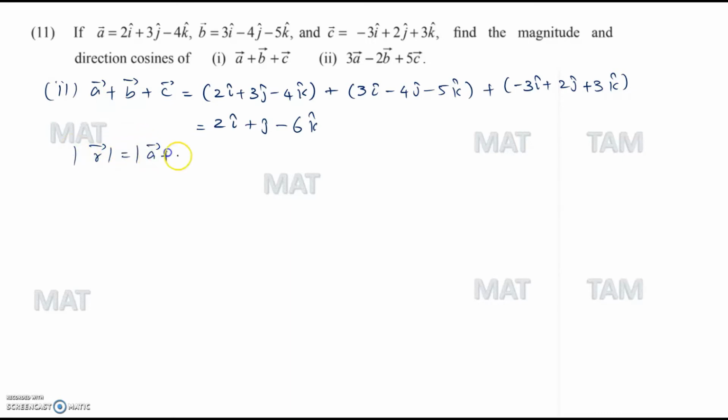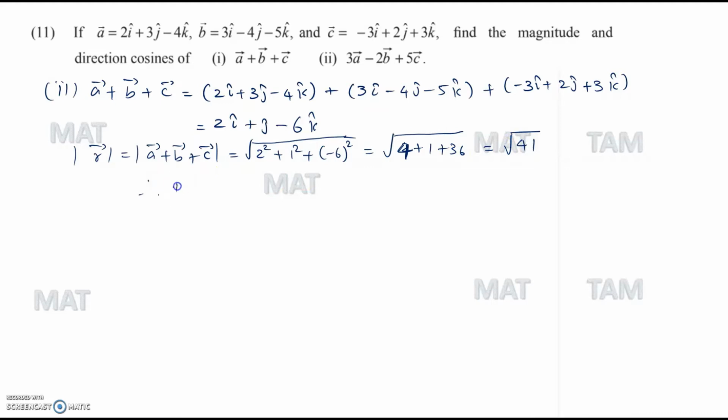Alright, so the magnitude of, let's say, r vector is equal to ABC vector. So that will be equal to square root of 2 squared plus 1 squared plus minus 6 squared. So that's equal to square root of 4 plus 1 plus 36. Sorry, 4 here. That is equal to square root of 41. So that's the magnitude.